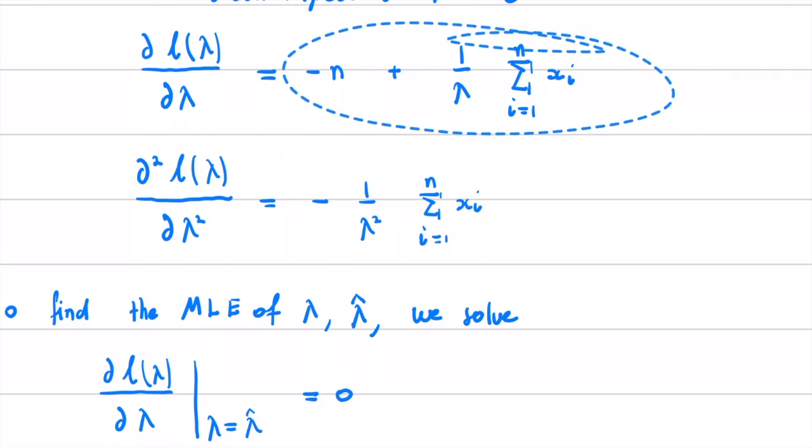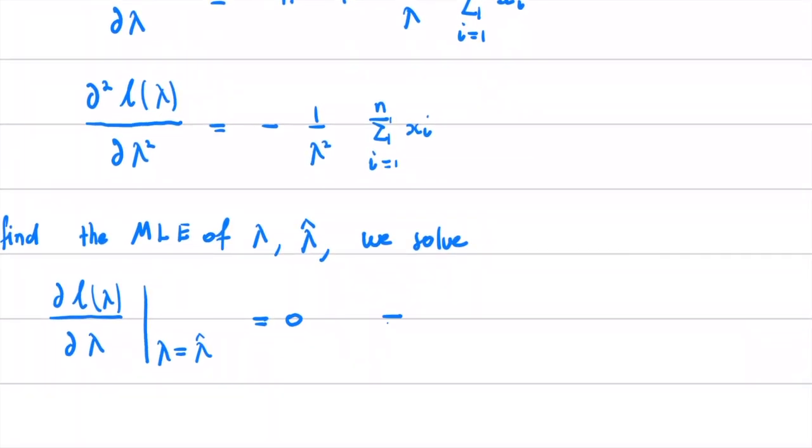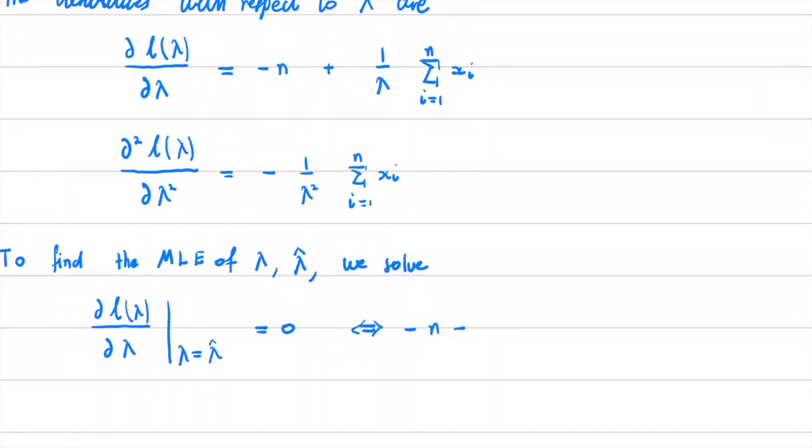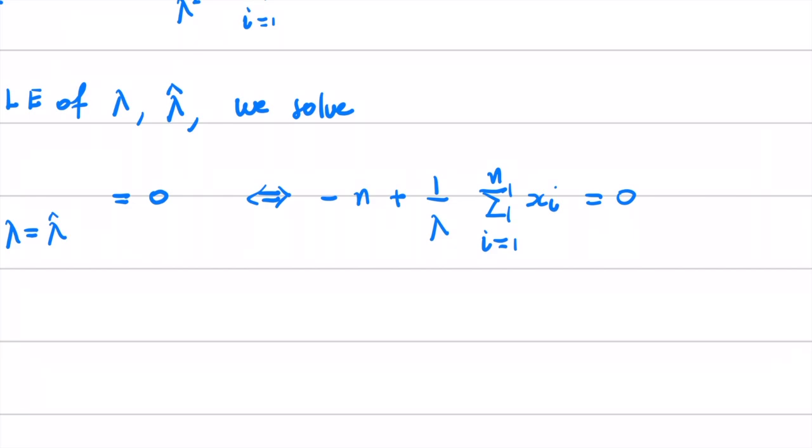That expression is, let me write it out, if and only if negative n plus 1 on lambda, the sum of i equals 1 to n xi is equal to 0. Now what are we going to do here? We're going to move the n to the other side. So we've got 1 on lambda, sum i equals 1 to n xi equals n.